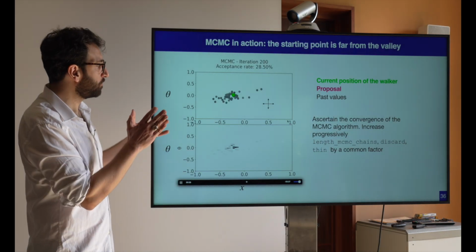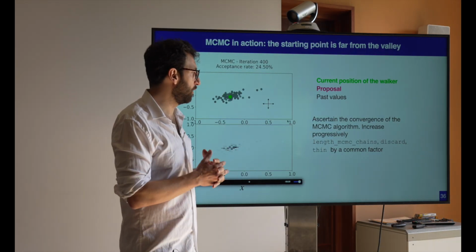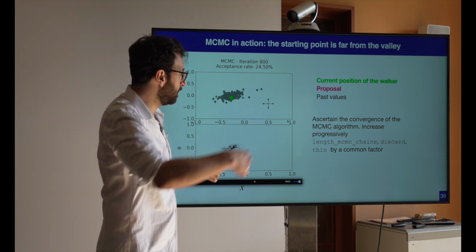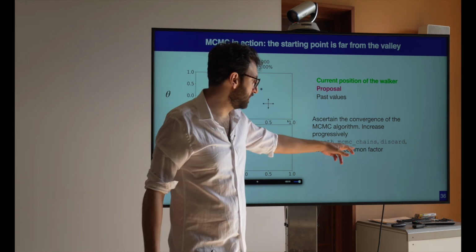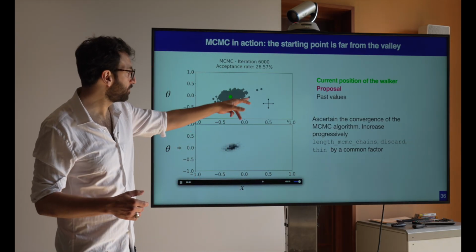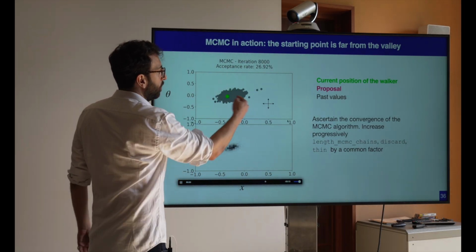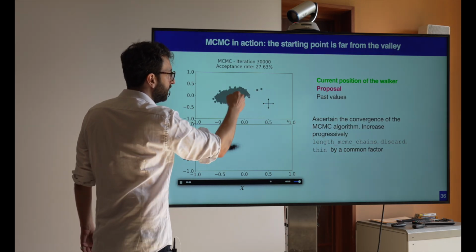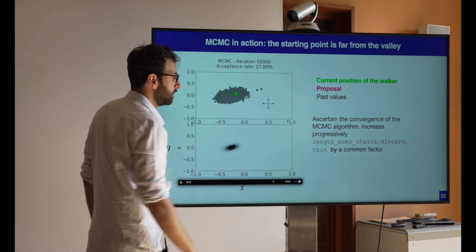So in the MCMC algorithm, what defines the number of steps in the chain is length MCMC chain. Discard is how many of the first points you discard. So, when you were in the region where the algorithm was still trying to find its way, you don't want these points.